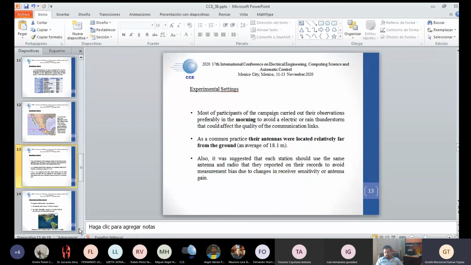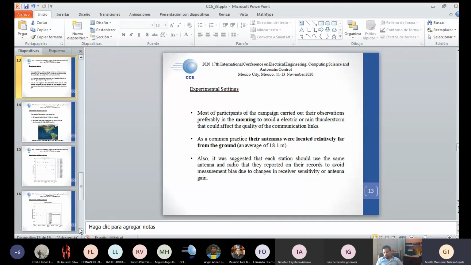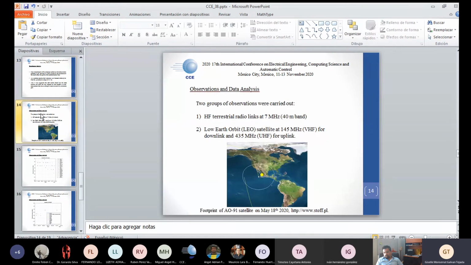Most participants of the campaign carried out their observations preferably in the morning to avoid electric or rain thunderstorms that could affect the quality of the communication links. Then the observations are described in what I'm going to explain. We divide the observations into groups.